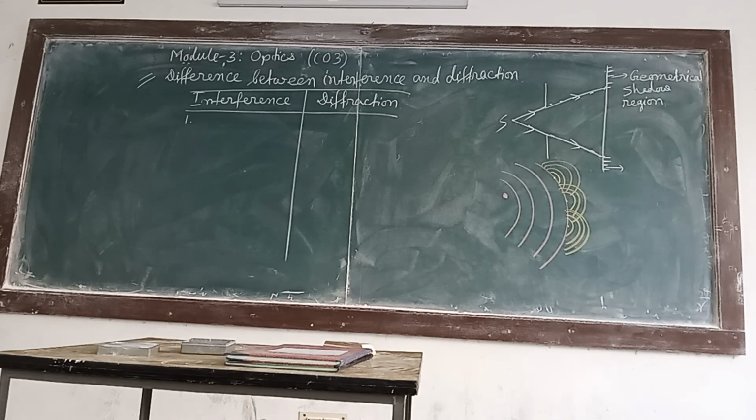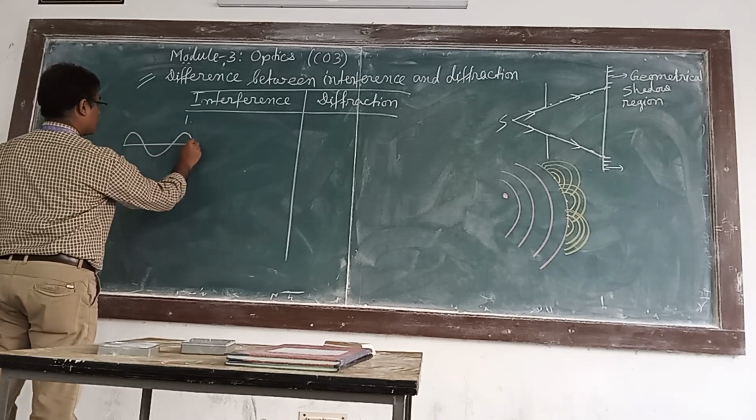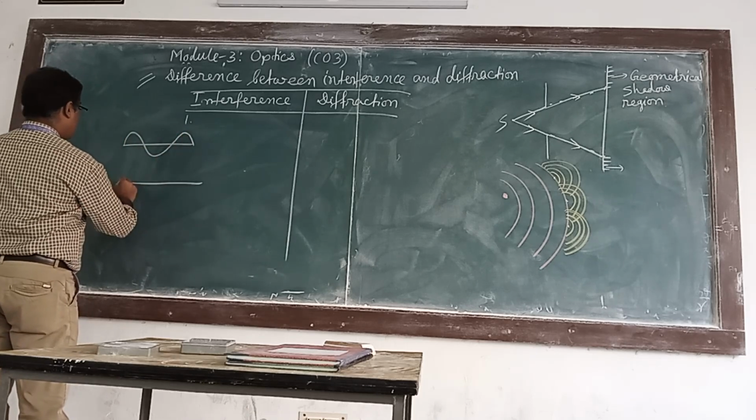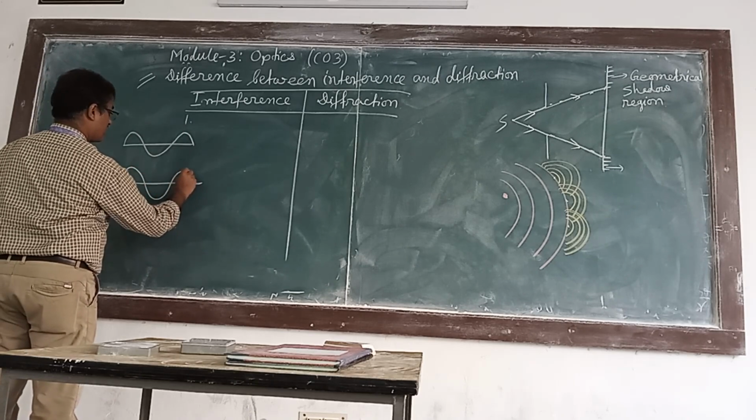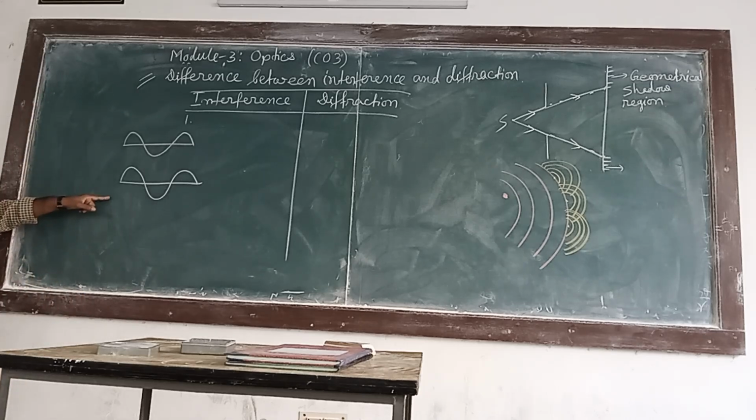What happens in interference? Two waves come from the same source through two slits, a coherent source. What is a coherent source? Monochromatic light in the same phase.